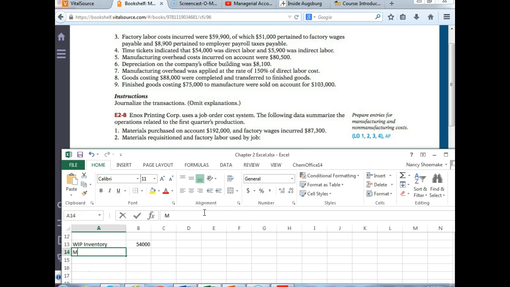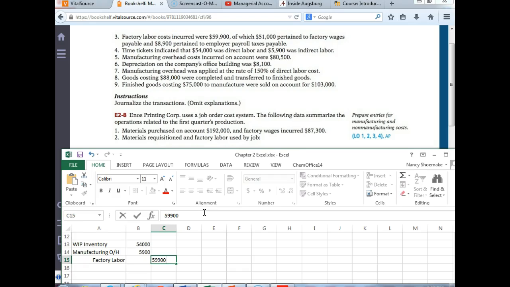We're going to show manufacturing overhead of 5,900. And what are we crediting here? Factory labor, okay, of 59,900. Make sense?